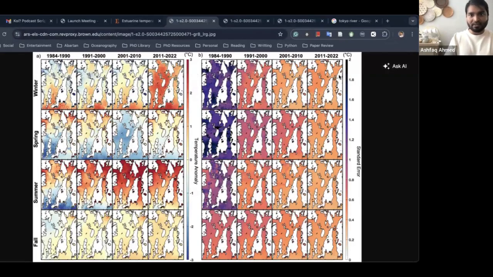Let's forget about the right side. Let's only look at the left panel. What I'm showing is that in every single decade, so every 10 years, over 40 years, the winter average temperature is increasing, spring's temperature is increasing, summer's temperature is increasing at an extreme rate, and fall's temperature is increasing. So summers are getting way warmer, and winters warmer.